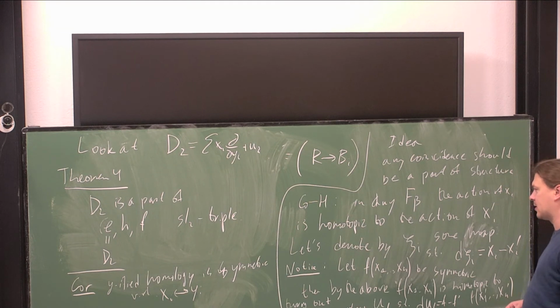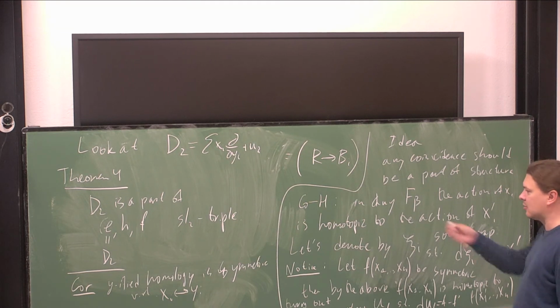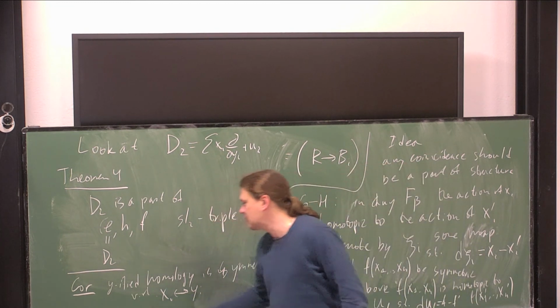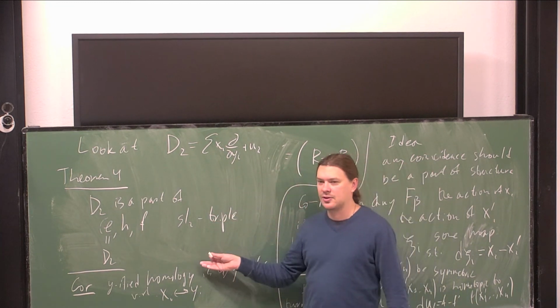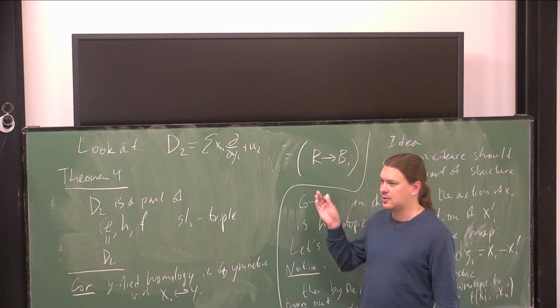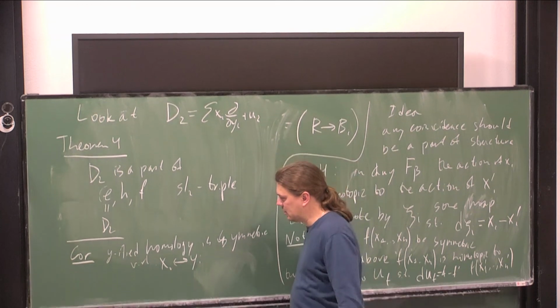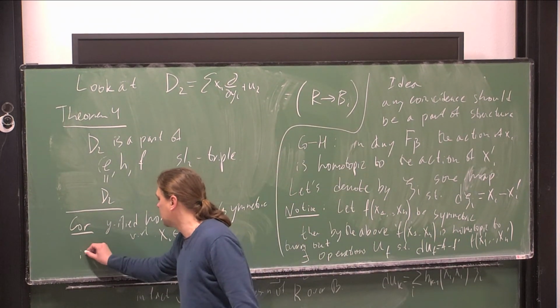So what did I forget to say? Yeah, in the case of knots, the verified homology is not different from the usual homology. So you prove this conjecture for knots.